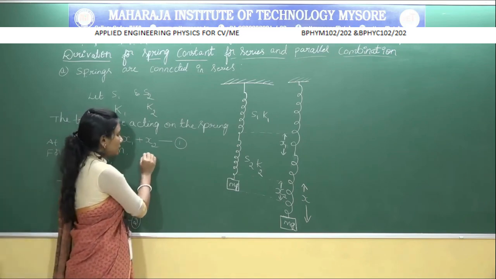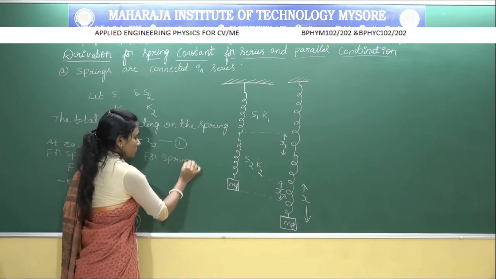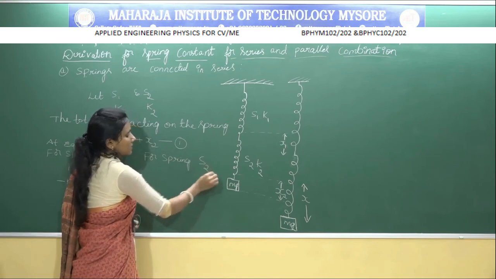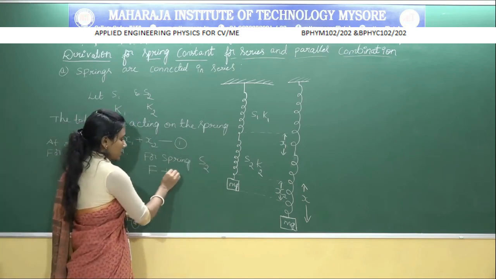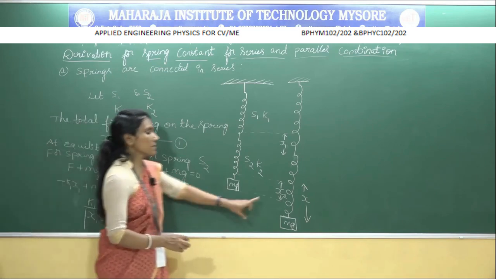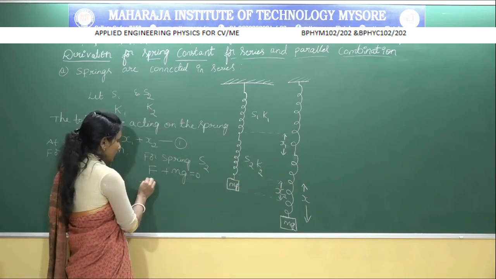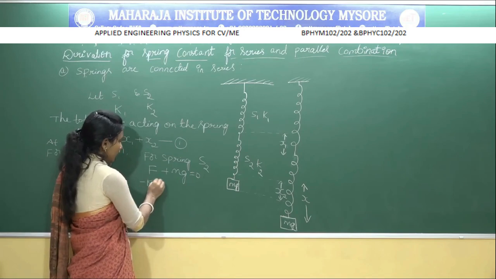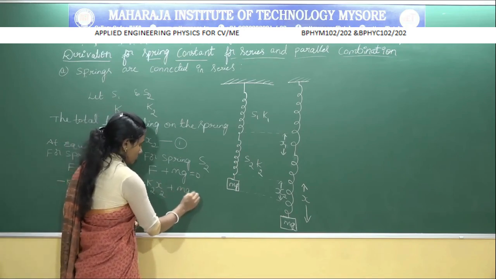So similarly for spring 2, that is S2, the second spring, what we will get: F plus mg is equal to 0 at equilibrium position, the same. But here, what is the restoring force for the second spring? That is F is equal to minus K2 x2 plus mg is equal to 0.